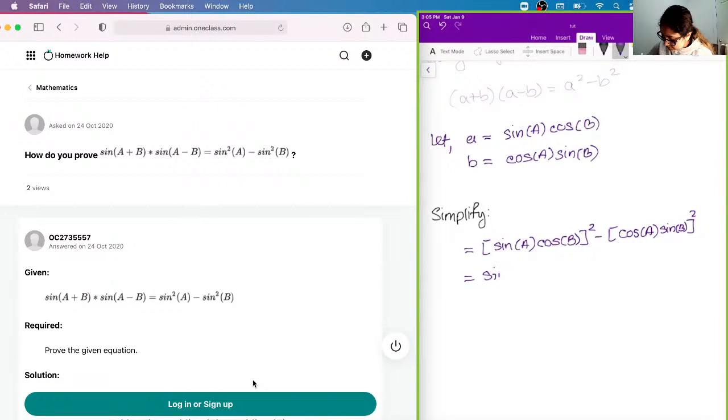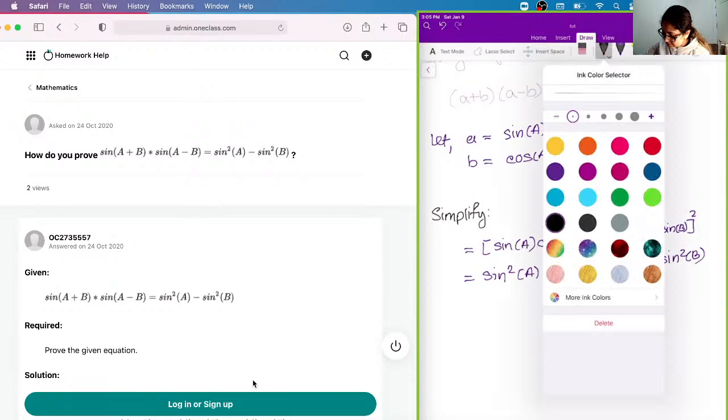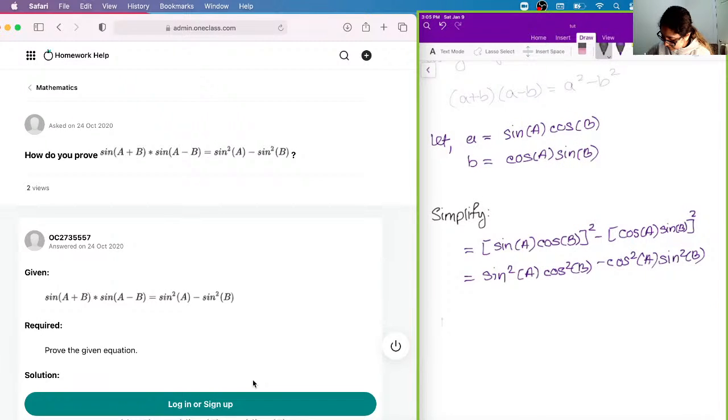sine squared a cos squared of b minus cos squared of a sine squared of b. Okay. And now using the Pythagorean theorem, we can also use another identity.